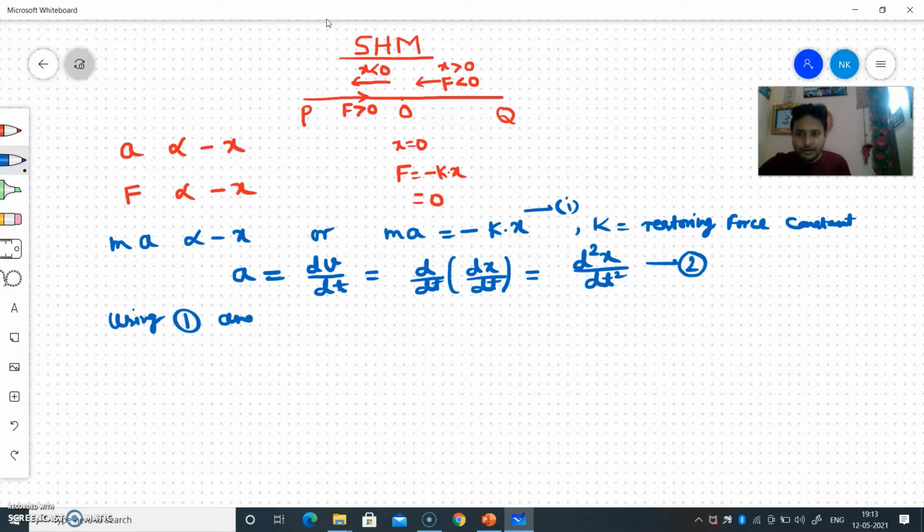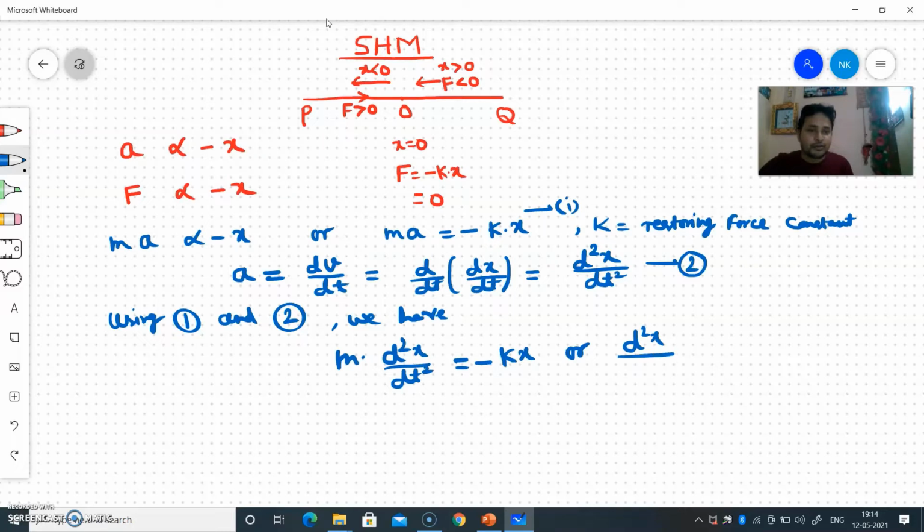Using equation 1 and equation 2, ma is minus kx, so m into a, which is d2x over dt square, is equal to minus kx. Or d2x over dt square plus k by m x is equal to 0. So this is the differential equation.